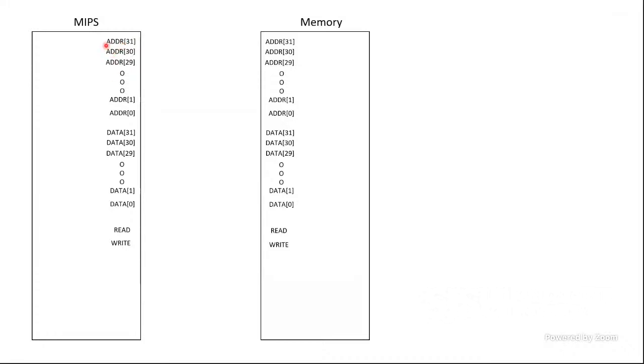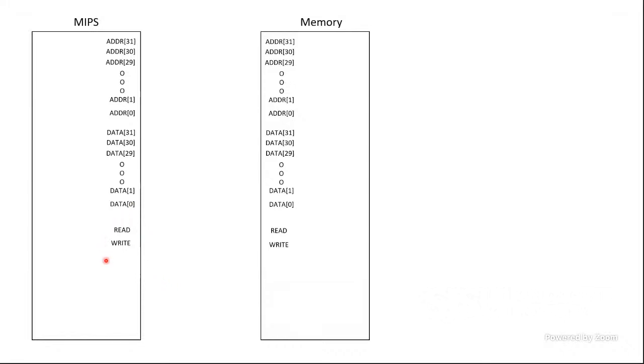For example, ADDR31 gives a sense that it is for address bit 31. If it is a 32-bit system, all memory addresses are represented with 32 bits, and these are the individual pins that represent those bits. Similarly for data, there are 32-bit data and 32 electrical pins. We just mark them with a name.